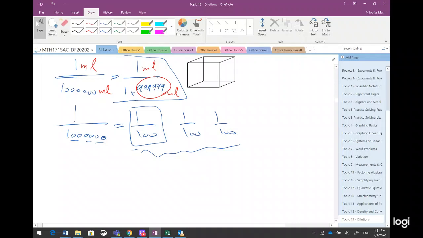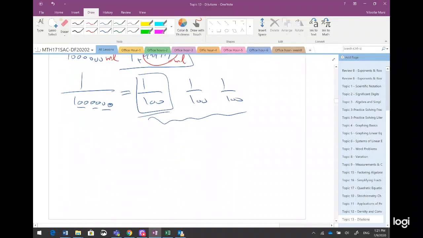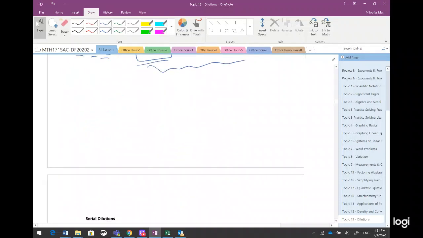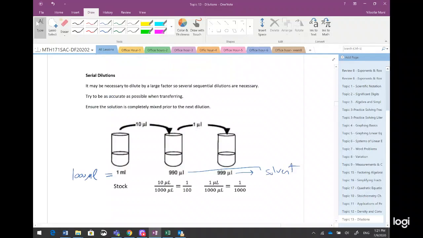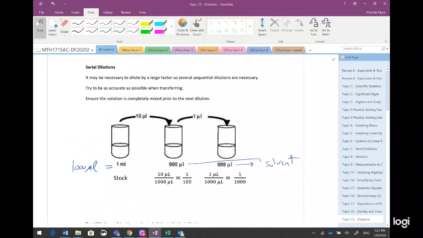So I do 1/100, and then I use the new solution to do another 1/100, and I use the new one again to do another one. So instead of 1 million, I did three 1/100, and the new dilution ratio will be 1/100 multiplied by 1/100 multiplied by 1/100. This is called serial dilution.